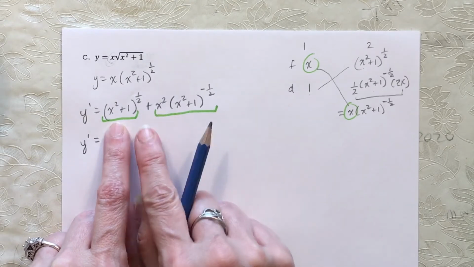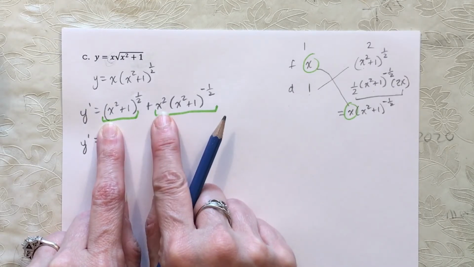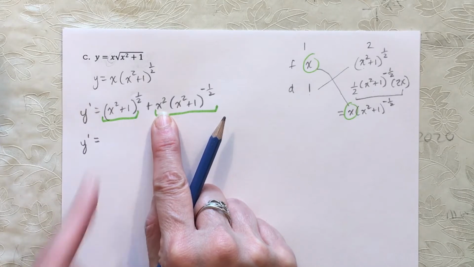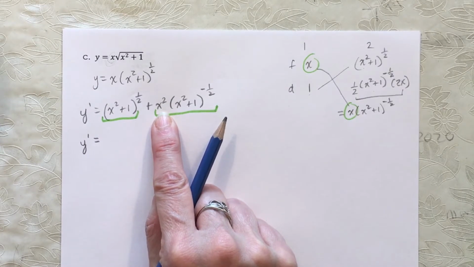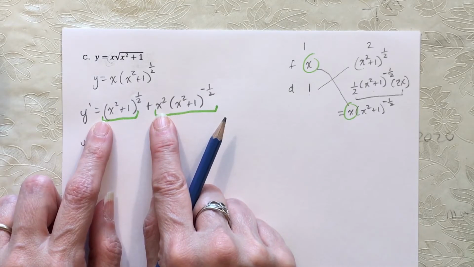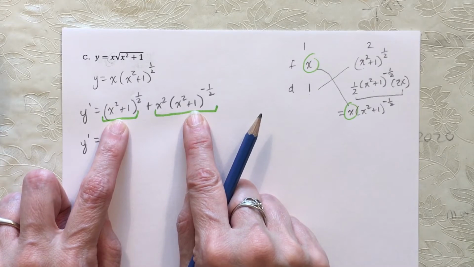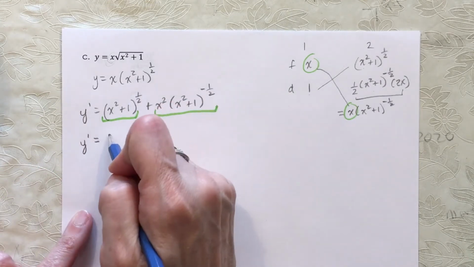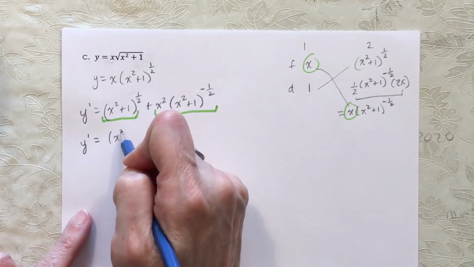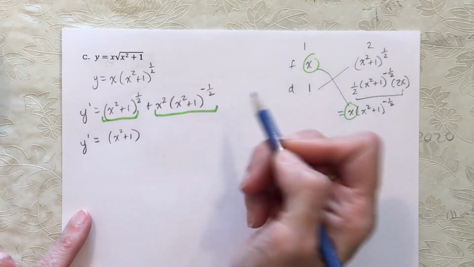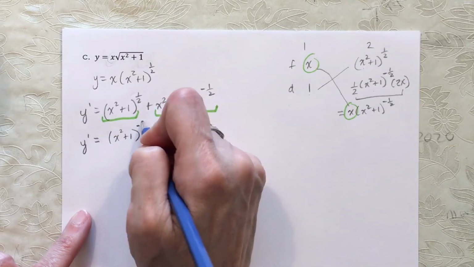Here I don't have a monomial, here I have an x squared, so there's no common factor there. And then I'm looking at my x squared plus 1s. They are the same, and I'm going to take the one with the smaller exponent. So what's smaller, a half or negative 1/2? It's negative 1/2.